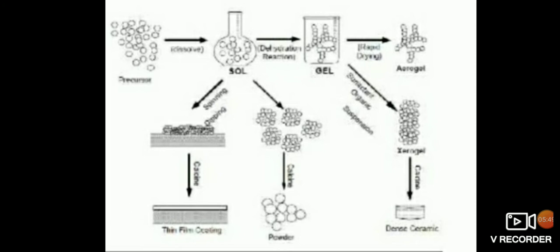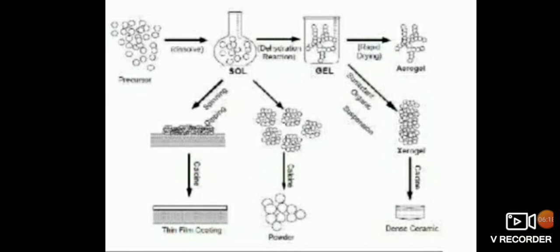Removal of the liquid from the sol yields the gel, and the sol-gel transition controls the particle size and shape. Calcination of the gel produces the oxides. Sol-gel processing refers to the hydrolysis and condensation of alkoxide-based precursors such as silicon tetraethyl orthosilicate.